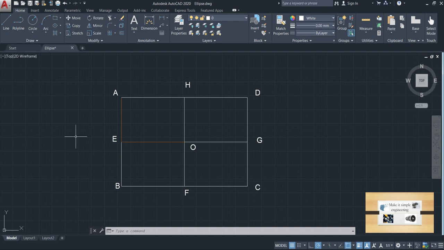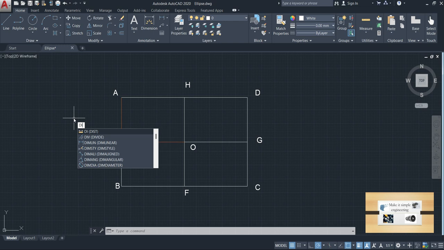After this we have to divide the lines AE and EO. AE and EO are the semi-minor and semi-major axis of the ellipse. So we have to divide the AE and EO lines into 4 equal parts.